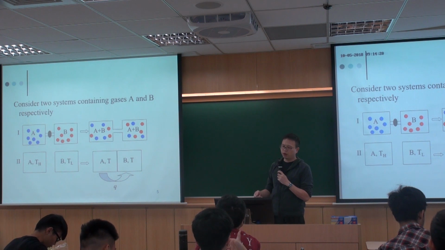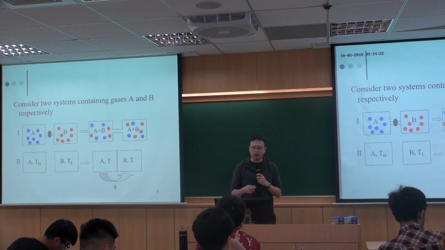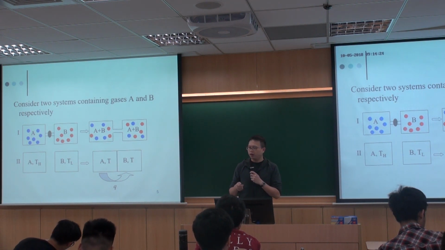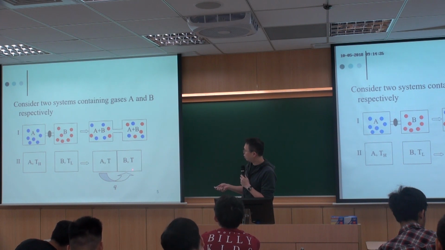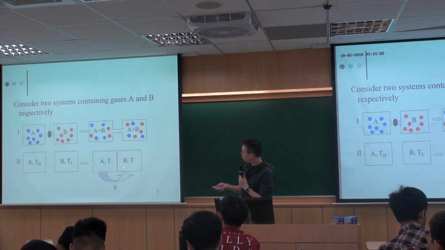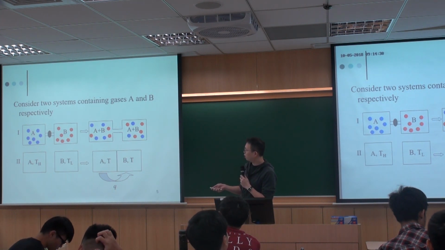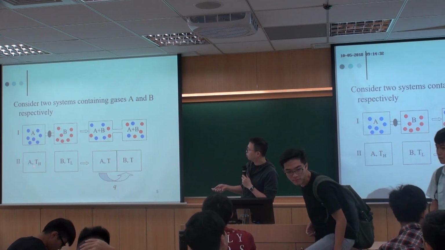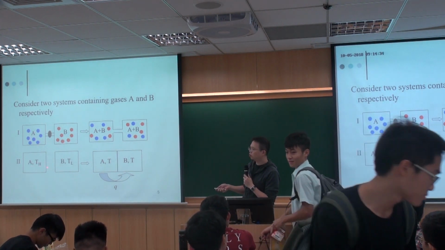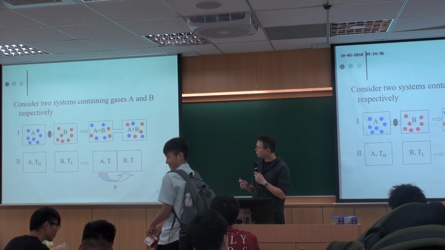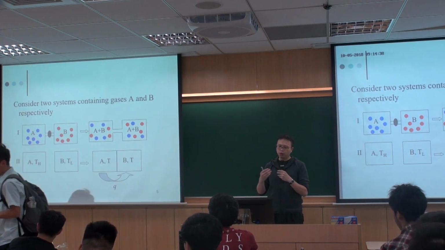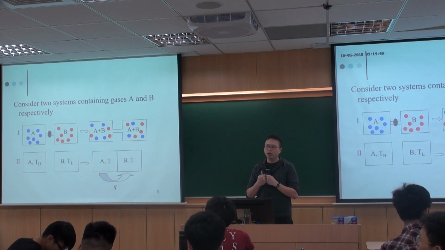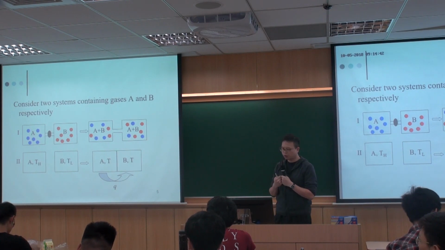And this is also a spontaneous process, which means that the heat won't automatically transfer from one side to the other and return to two systems with two different temperatures. So eventually, when you put these two things together, they will have the same temperature.